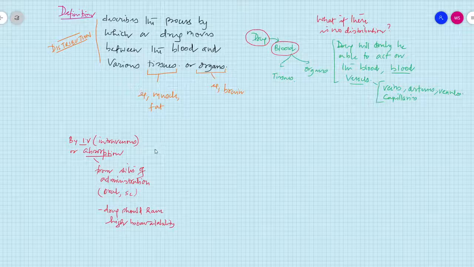So if we administer a drug intravenously or through any other site, and the drug has enough bioavailability, what's going to happen? This drug will enter into the blood.